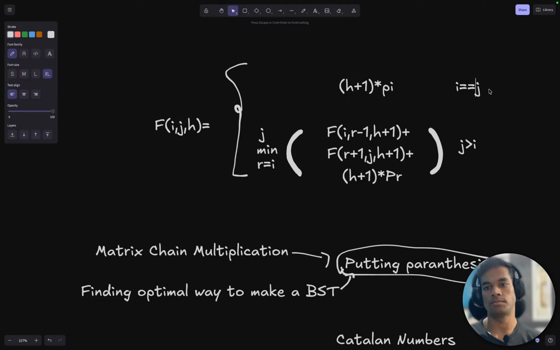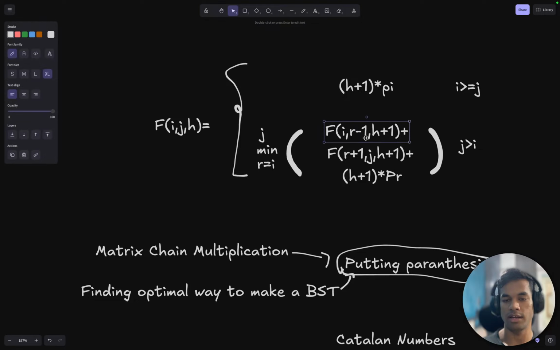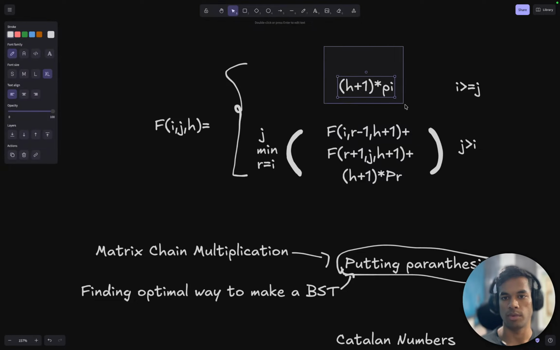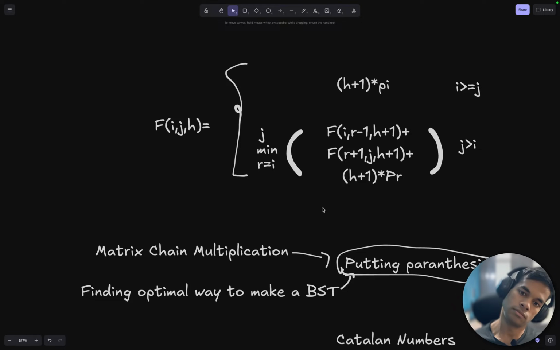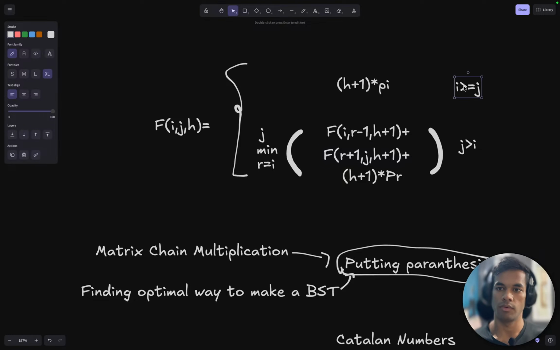So if i is greater than or equal to j, if that happens at any point, then we'll do this. This would be our base case. I guess we don't have to call this function when we hit this. So we can just do this.